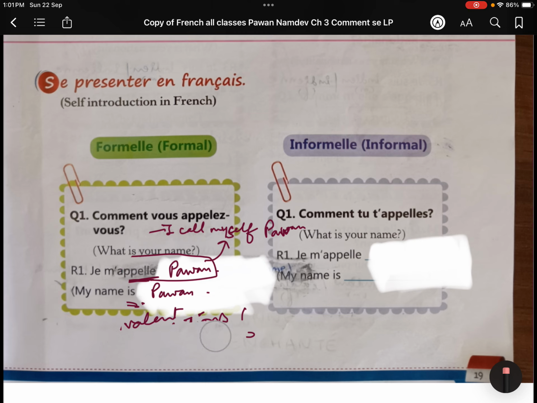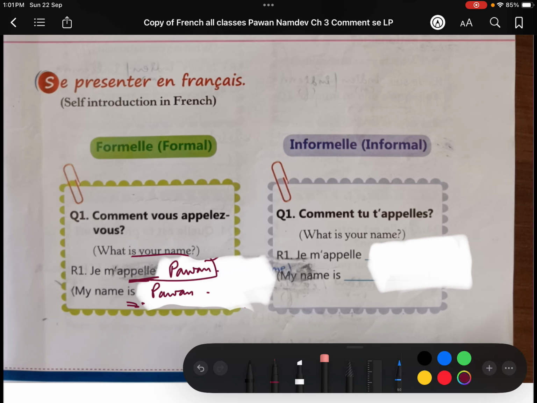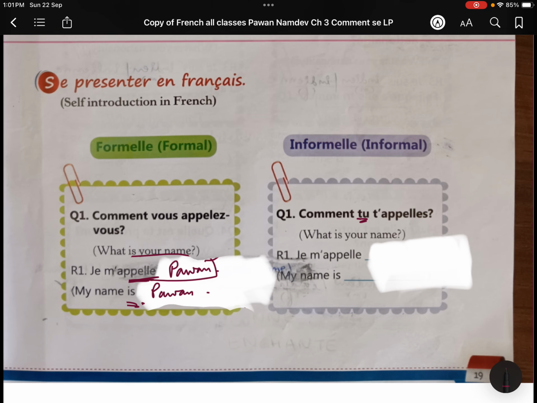So we are just moving forward. Same here we are having informal way of asking: comment tu t'appelles. It's how you call yourself. It's an informal one. Je m'appelle Pawan. Same answer. When we use informal, tu means informal way of asking. Whenever you know any person very well, then you have to use tu.